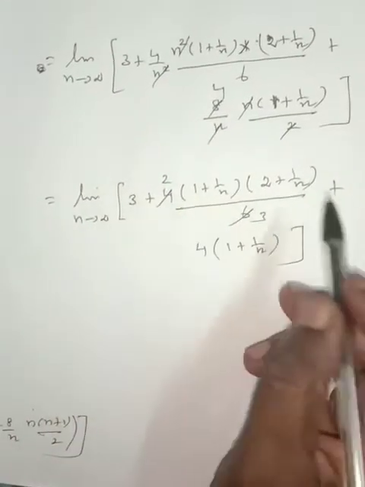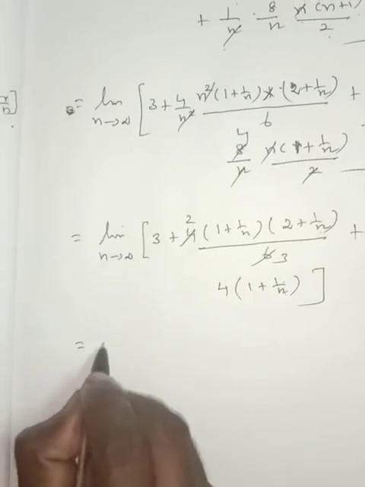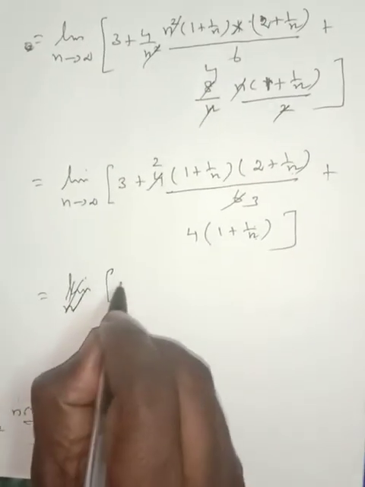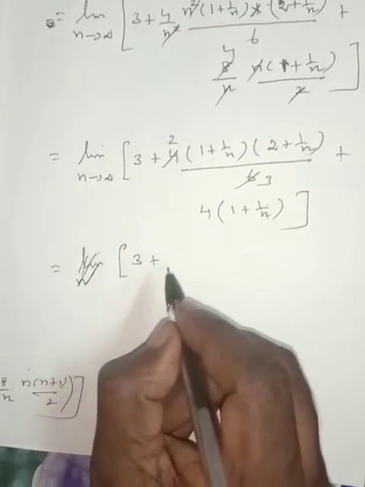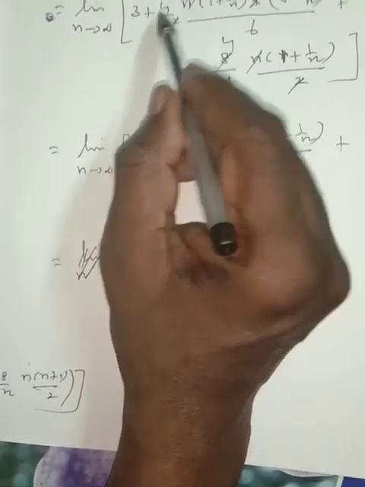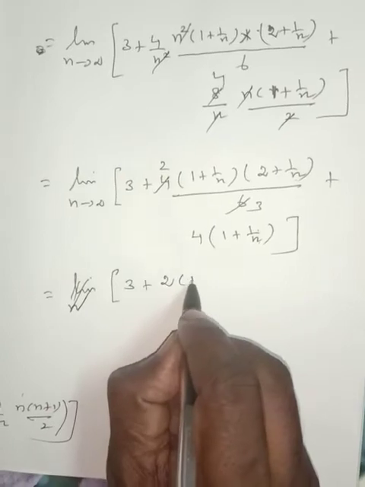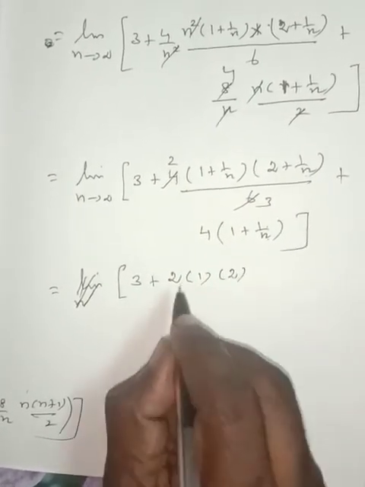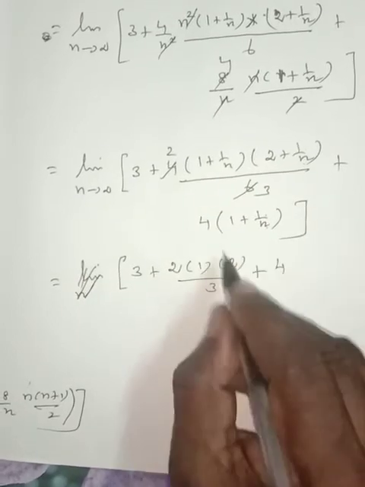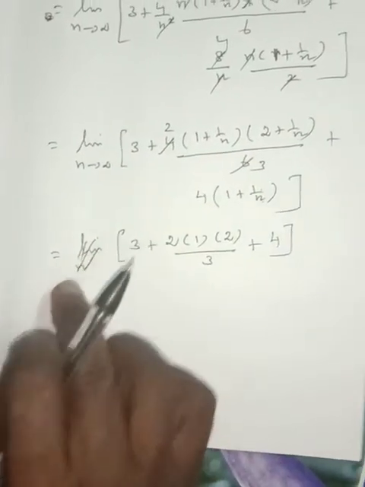Now apply the limit: 1 by infinity is 0, so the limit is 3 plus 4 by 6 into 1 plus 0 into 2 plus 0, which is 2 by 3, plus 4 into 1 plus 0, which is 4. Applying the limit notation is not necessary.